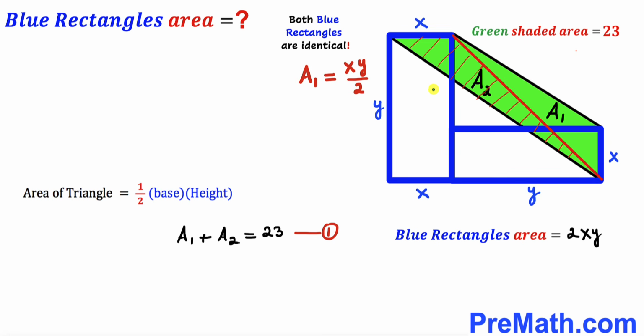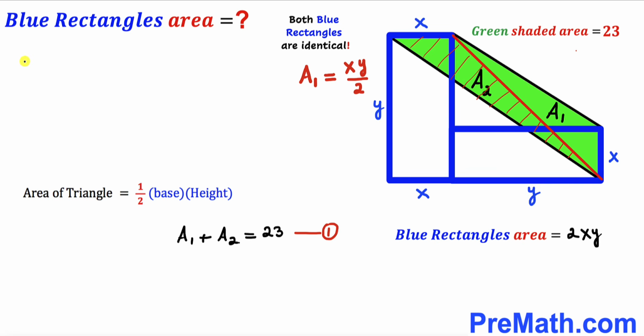Now we are going to focus on this other triangle whose area is A sub 2. Let's recall once again the area of a triangle formula. Area equals a half times base times the height of the triangle. In our case, the base of this triangle is x, and the height of this triangle is y.